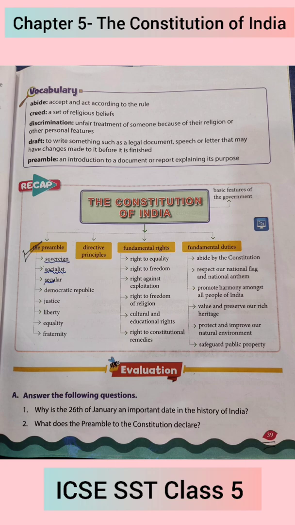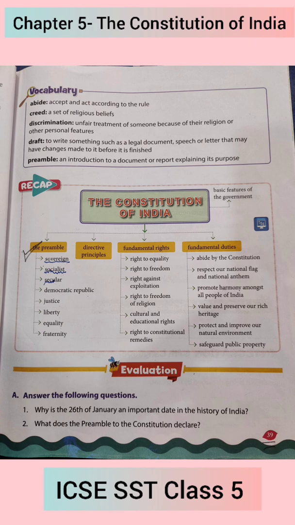Now let's have a quick recap of the chapter, the Constitution of India. It begins with the preamble. The preamble states the following features of our country: sovereign, socialist, secular, democratic republic, justice, liberty, equality, fraternity. Then comes directive principles.